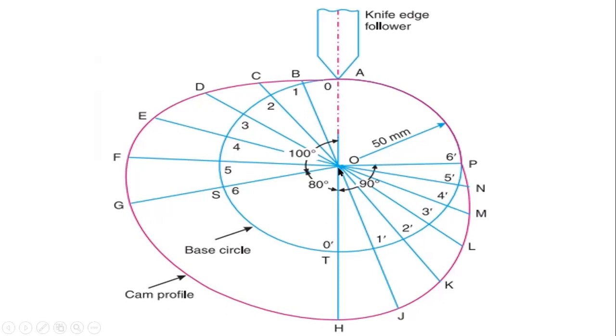From this point, you take 100 degrees with the protractor and divide the 100 degrees into 6 equal parts. After dividing into the 6 equal parts, you have to extend these lines to some extent.